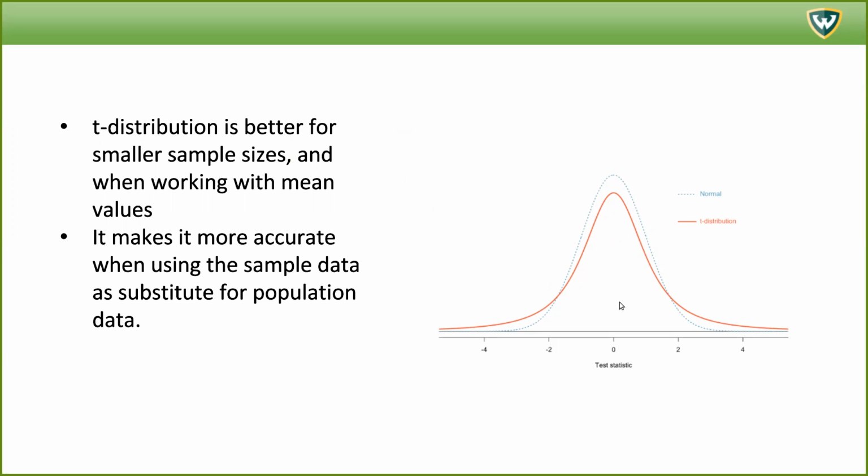Once again, as always, what we're trying to do with these processes is that we have sample data, but we want to make an inference for the population. So the rationale for the t-test is that it helps with that, because it changes based on the sample size a little bit, so we can account for the sample size in our statistical tests.